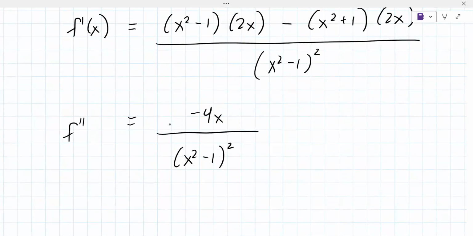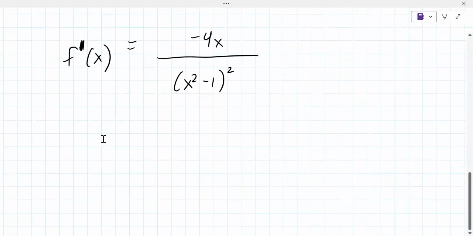Now you got to take a second derivative, f prime of x. So the next derivative, still quotient rule.